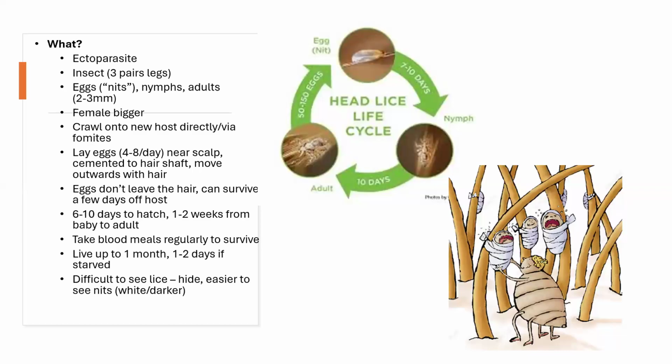The adult needs to take blood meals regularly to survive, and it needs the warmth and the blood from the host. The adult can live up to a month, and off the host they can only survive about 1 to 2 days without the host's blood. It's difficult to see actual adult lice in the hair. They tend to hide very quickly and they are small. It's easier to see the nits near the base of the hair.